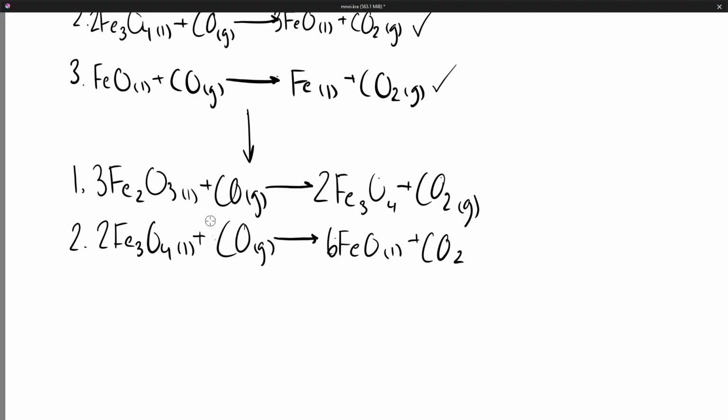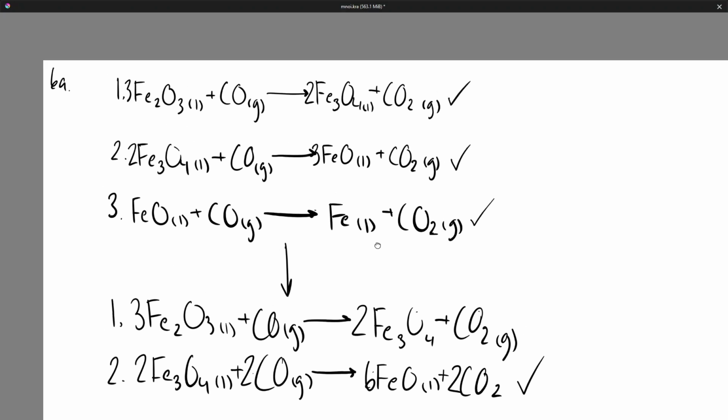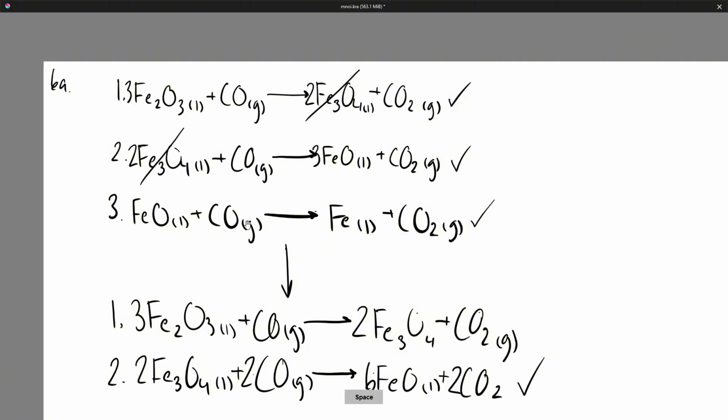You just gotta play with it to find the answer. For these, it's pretty simple. It's just two right here. So it makes 8, 10, 6, 10. And there's two carbons and two carbons, so that's good. Okay, now let's go back here. So these two cancel out.